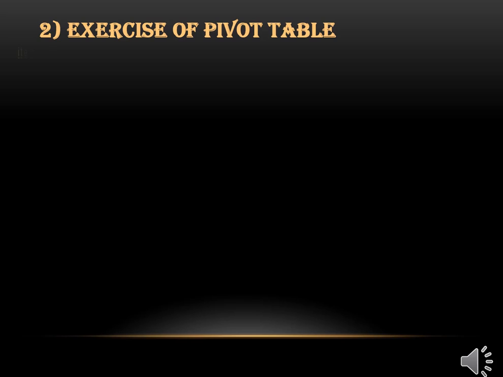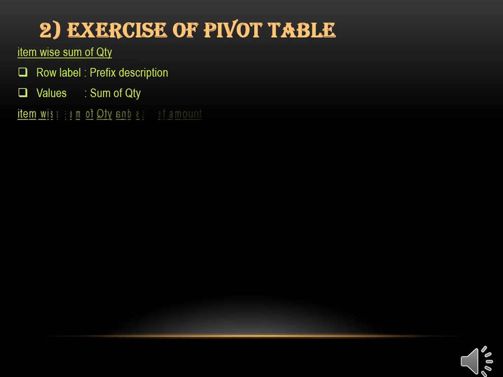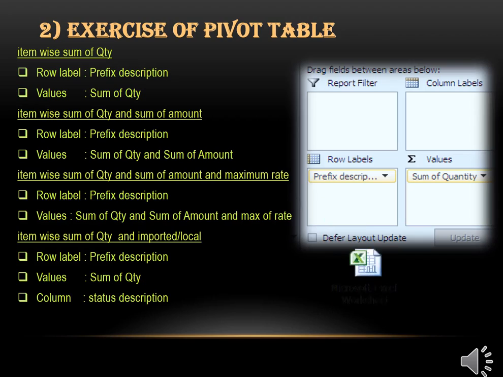Now, how to use a pivot table while you're using Excel, that is important. So in this video, we are going to discuss the exercises, how to use the pivot table when you have a large amount of data. As you can see on your screen, I have categorized into four examples.